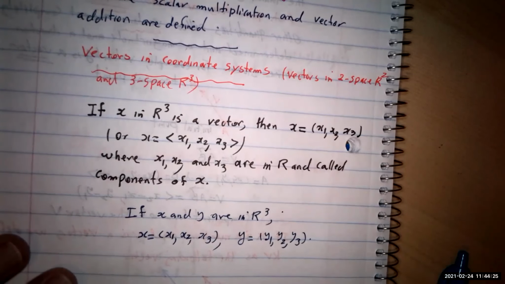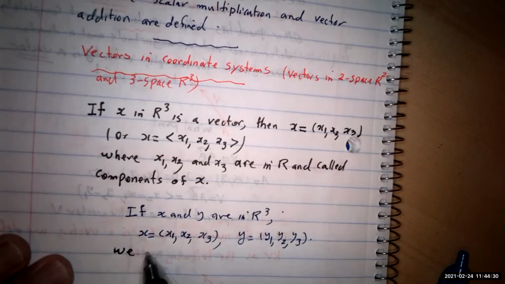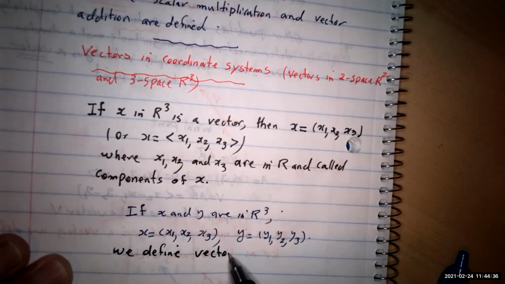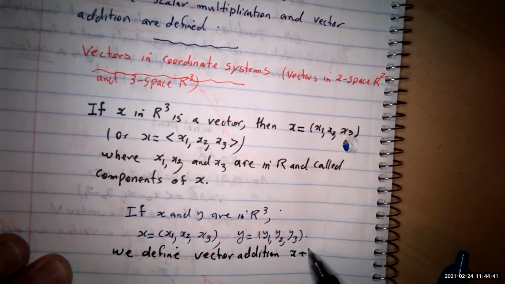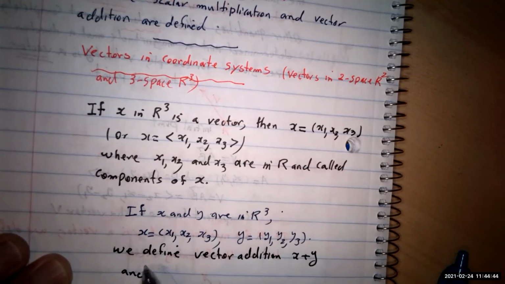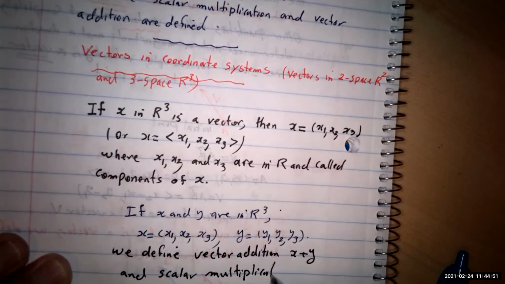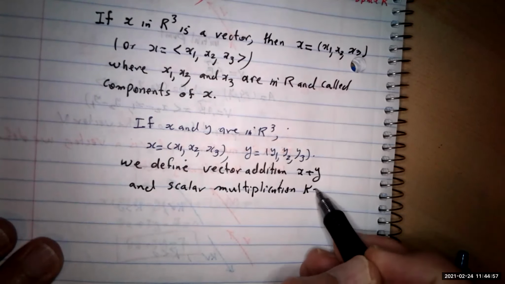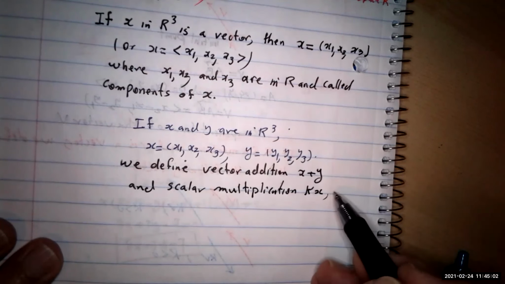We define a vector addition, x plus y, and a scalar multiplication, which is just a number times a vector, k times x, as the following.